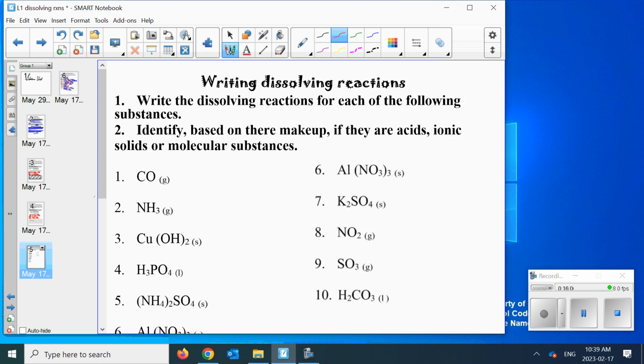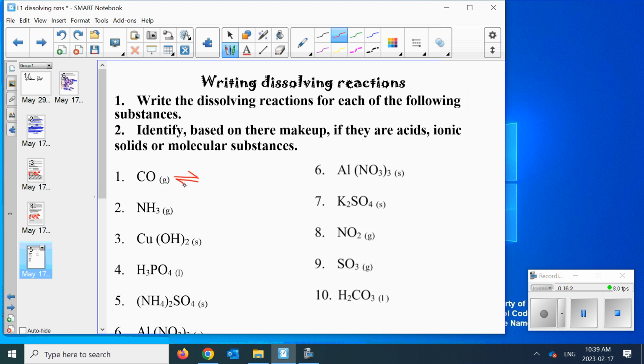Like for example, the very first one, carbon monoxide. That's actually really double arrow. Oh, what is this? Molecular, ionic, or what? Think of a staircase on the periodic table.